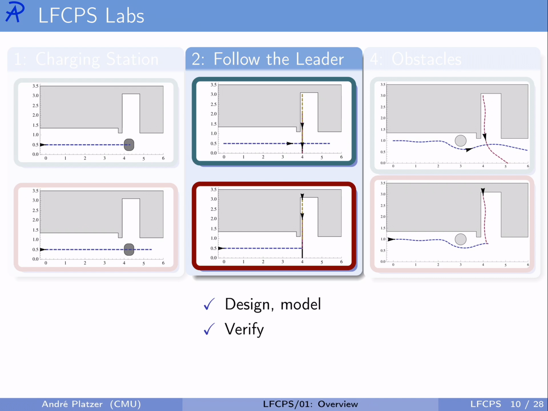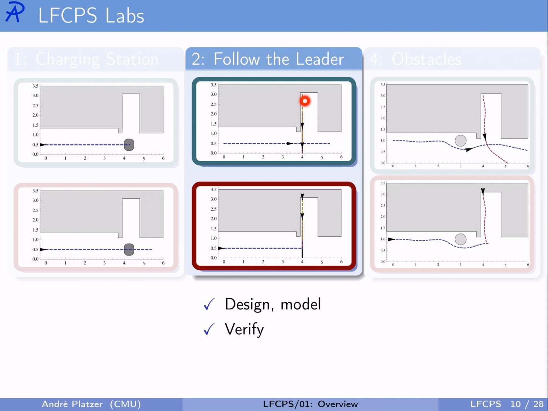In the second lab, you will implement a follow-a-leader protocol for robots where, for example, if you're controlling this robot and we're controlling that robot, and both of them are moving down, then you, of course, don't know exactly what the robot in front of you will do, but your job is to follow this robot at a safe distance.